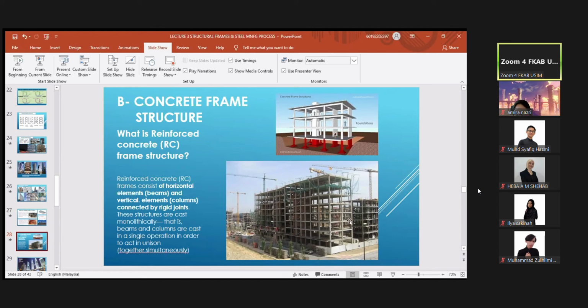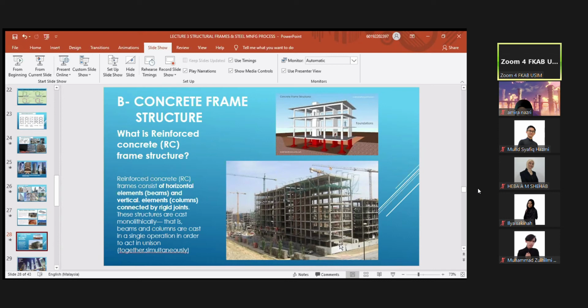For the casting, we take it floor by floor. Normally, for example, for the ground floor and first floor, the bottom floor is already cast, the floor slab is already cast. Before that, they have the reinforcement for the column on each column to continue.